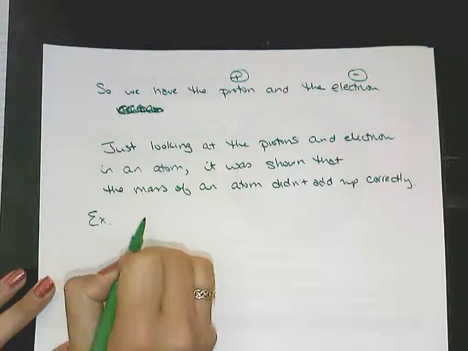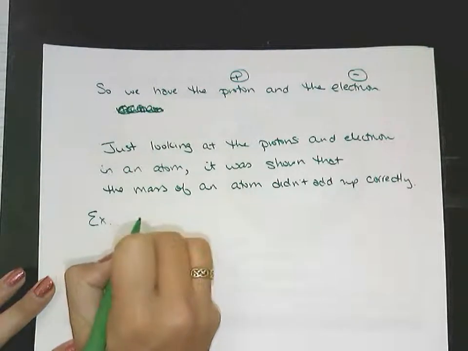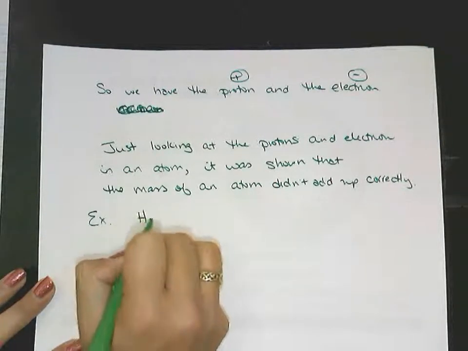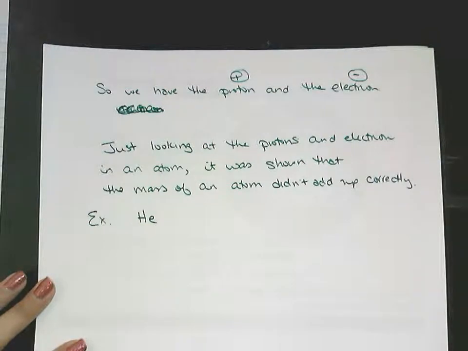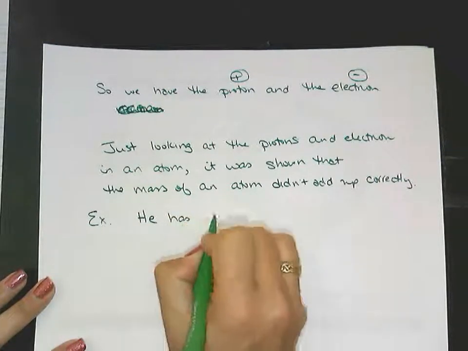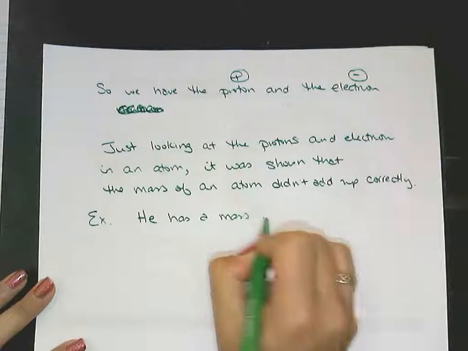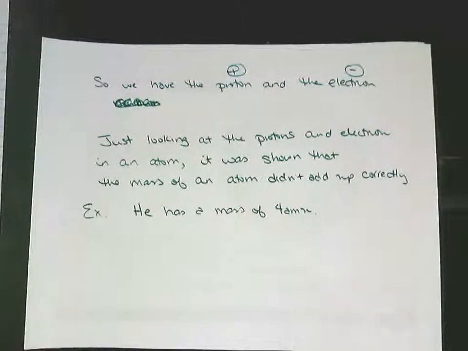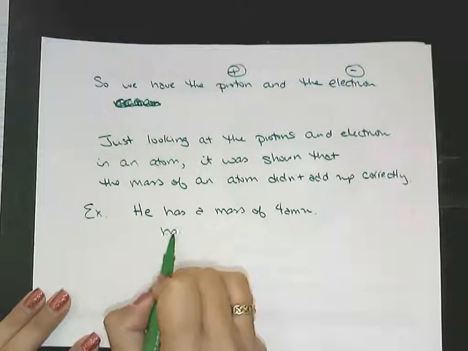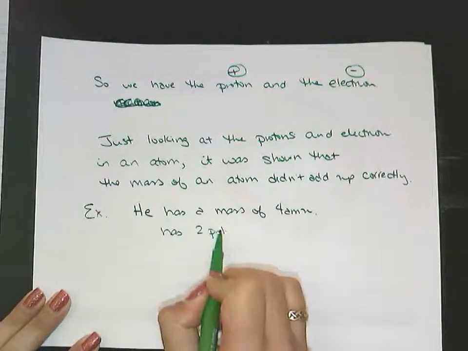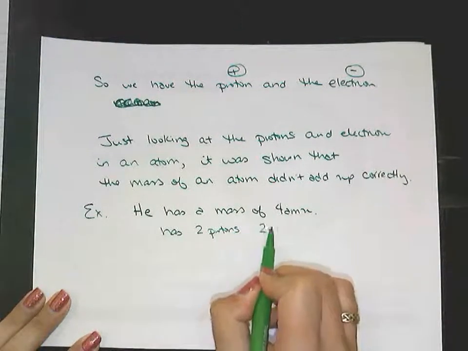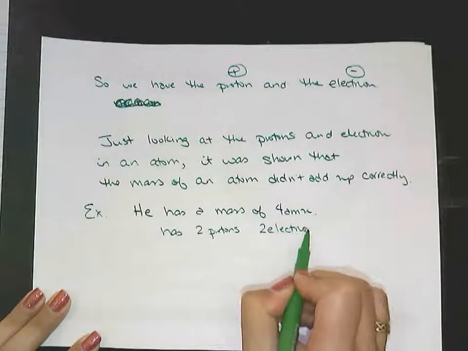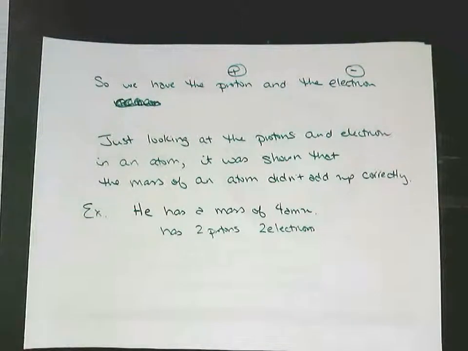So if I look at, we'll do helium. All right, so helium has a mass of 4 atomic mass units. When they did some experiments, they figured that it had 2 protons and 2 electrons. But the electrons don't count.